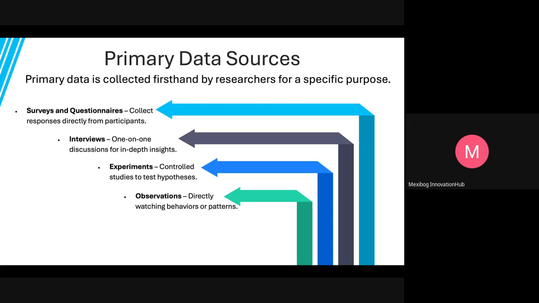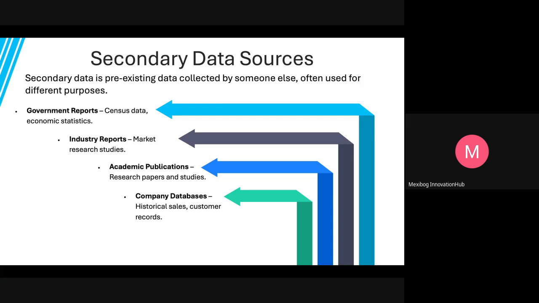That's a primary source. Then a secondary data source is pre-existing data collected by someone else, often used for different purposes. So in the case of primary, you collected the data firsthand. Then in the case of secondary, the data was collected by someone else, often used for different purposes.